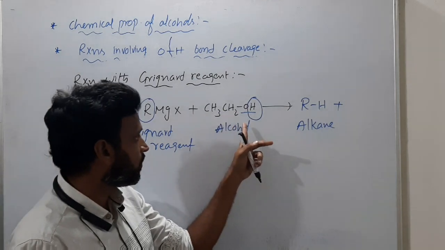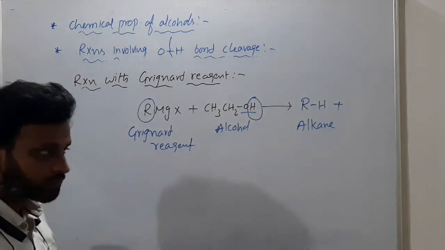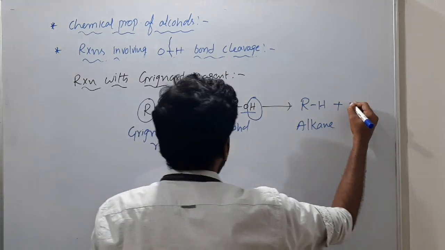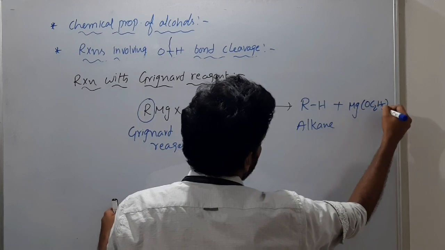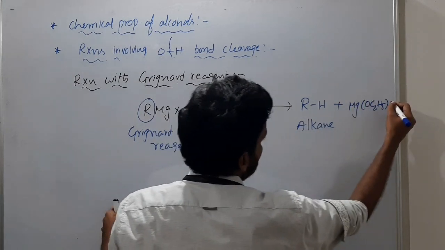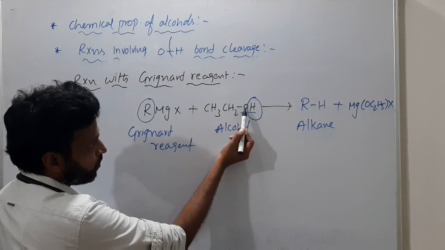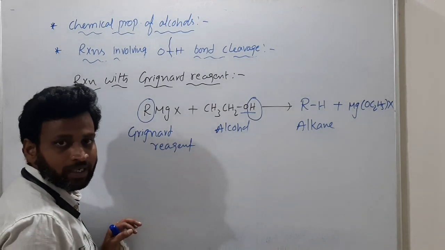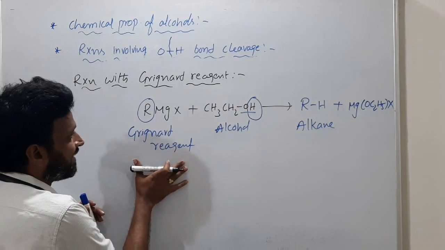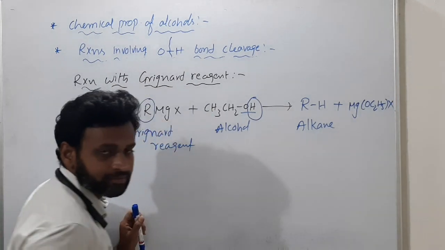RMgX with this alcohol CH3CH2OH, you are getting RH, and you are having MgX(OC2H5). So Grignard reagent with alcohol gives alkane.